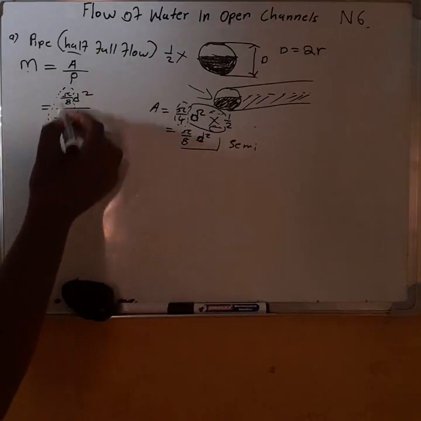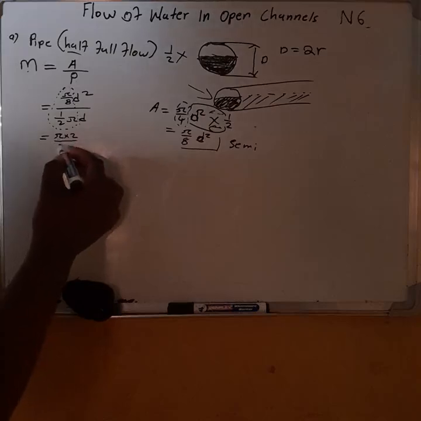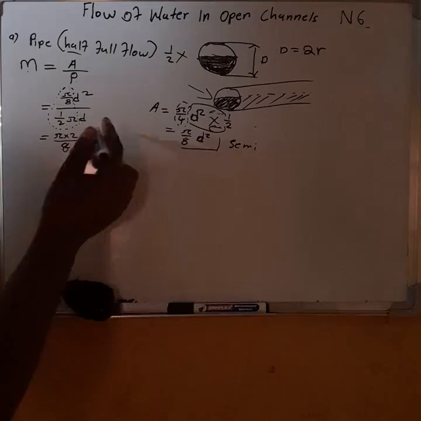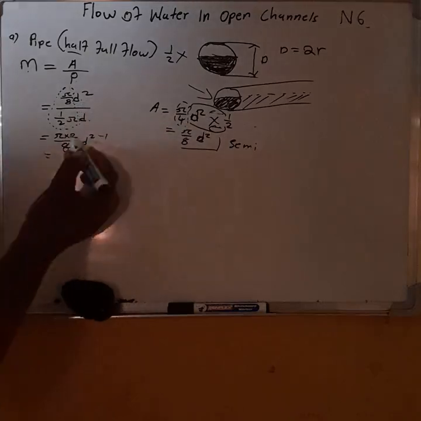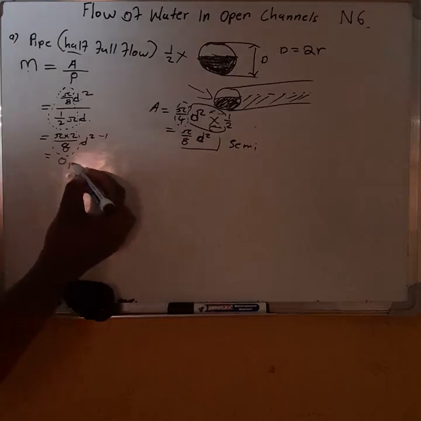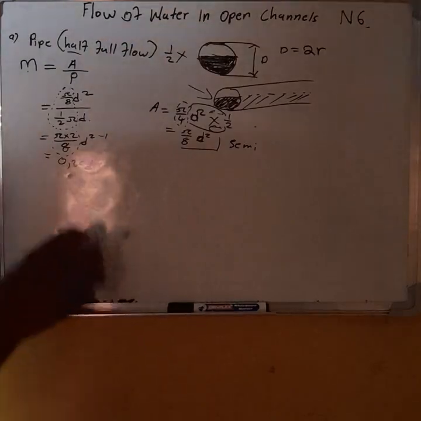When you divide, that will be pi multiplied by 2 over 8, then d squared over d, you subtract the exponents because the bases are the same. When you punch this on your calculator, you're supposed to get 0.25 d.